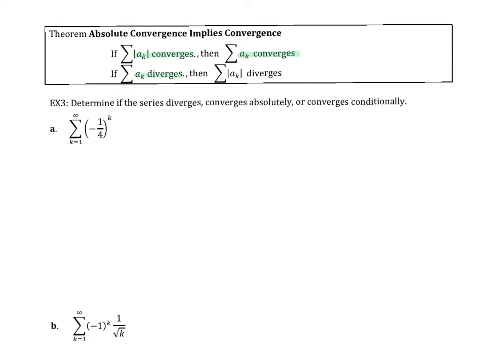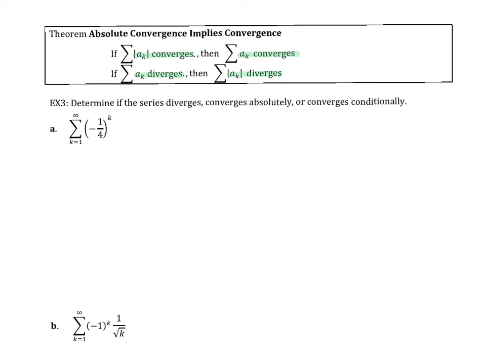If the series diverges, then the absolute value diverges. What this is saying is check the absolute value first. If you check the absolute value of the series and it converges, you're done. The series converges, it converges absolutely.